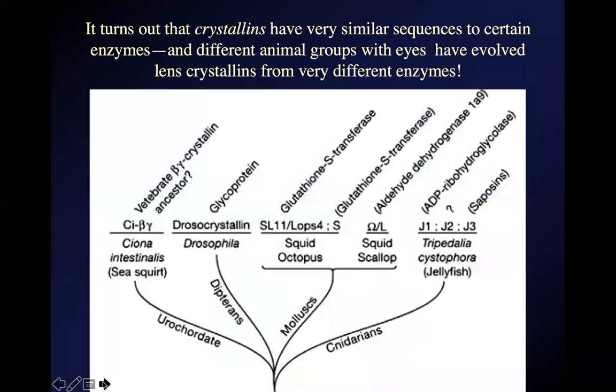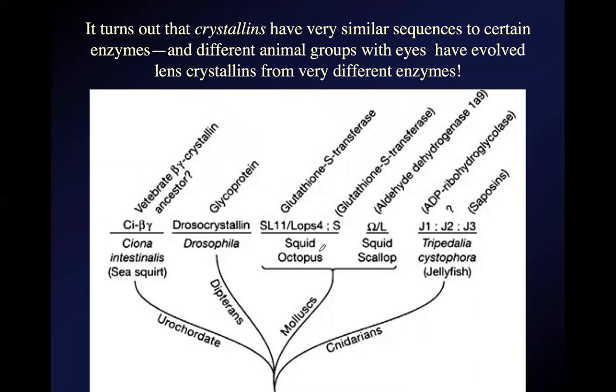The weird thing is that crystallins turn out to have very similar sequences to certain enzymes. And the really weird thing is that different animal groups with eyes have evolved lens crystallins from different enzymes. So in squid and octopus, I mentioned that these have extremely sophisticated eyes, easily on a par with your own.